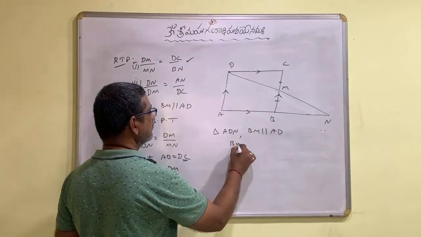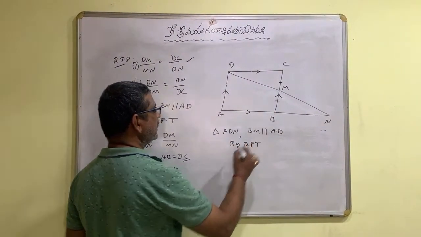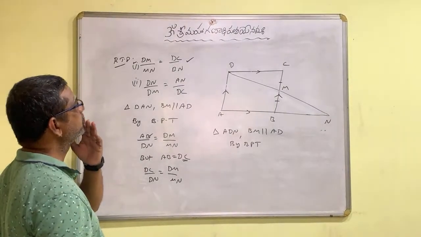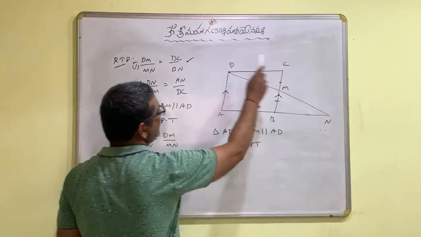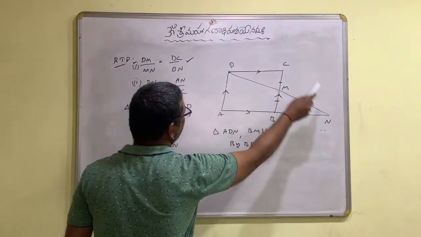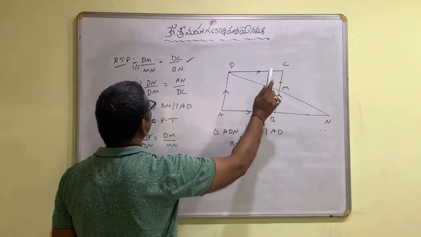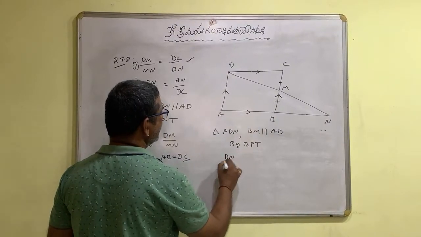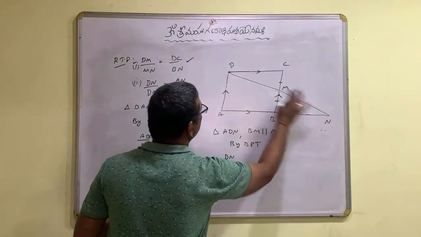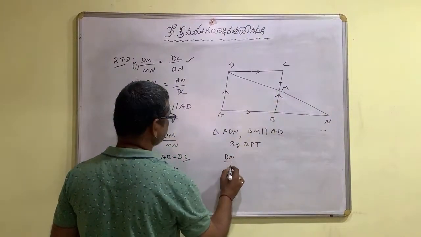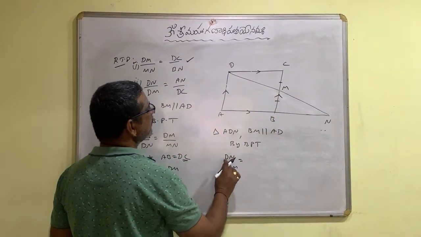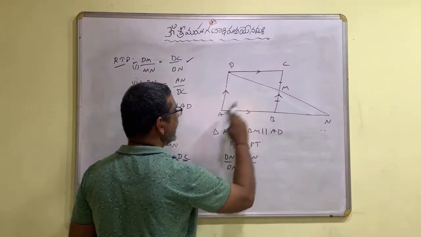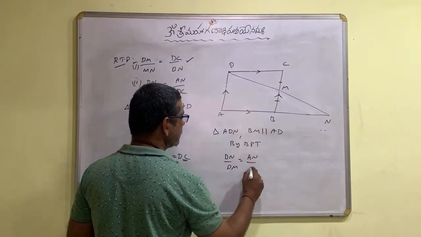So by the basic proportionality theorem, total DN by DM, second part, DN by DM is equal to AN by AB.